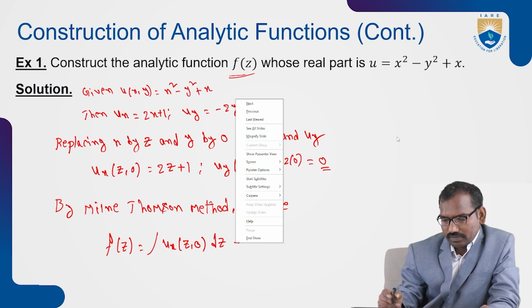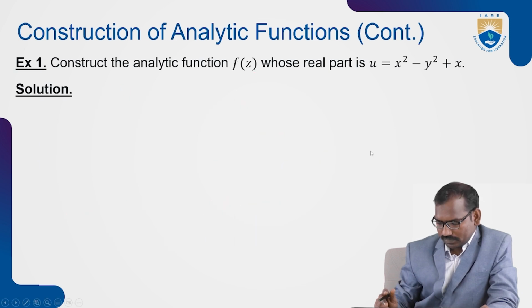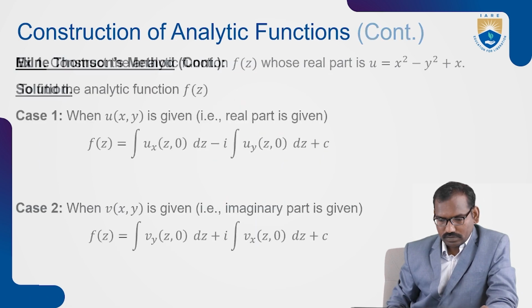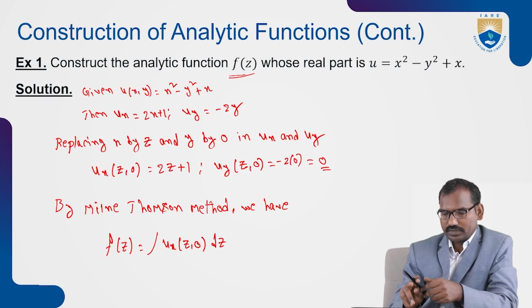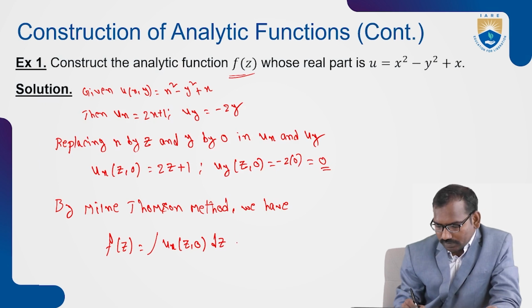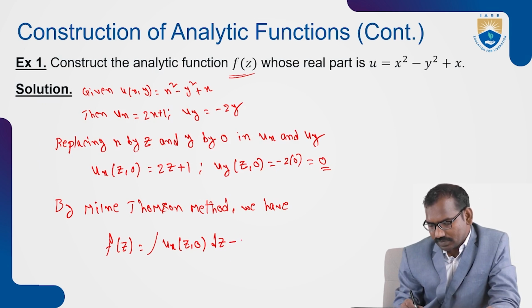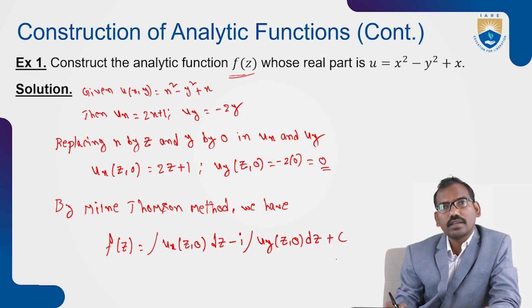In this formula we have minus i times the integration of u sub y of z comma 0 dz plus c. c is an arbitrary constant.